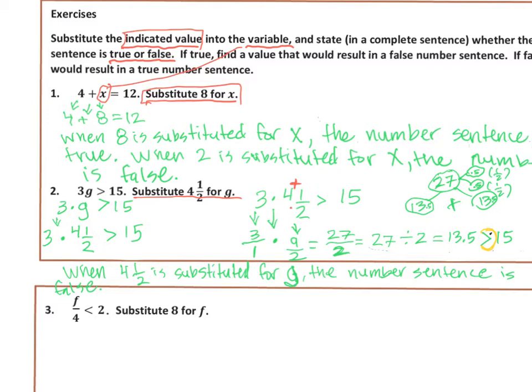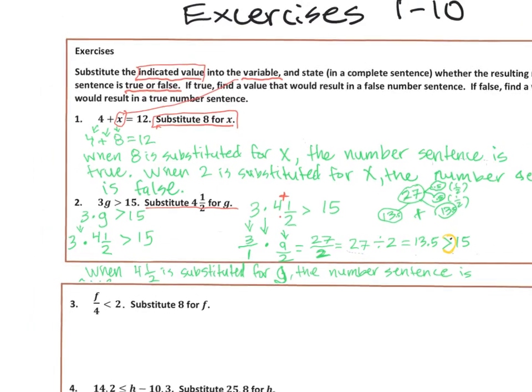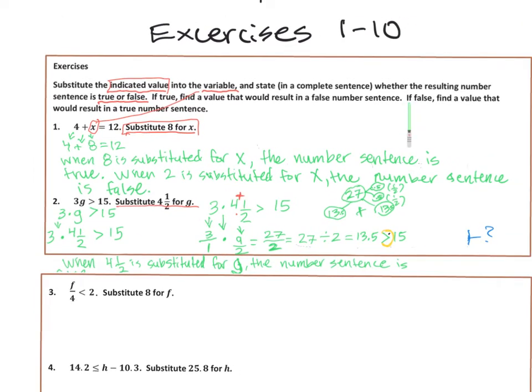Well, what could we plug into there to make the statement a true statement? Because again, we don't just go and say whether it's true or false. If it's false, we have to find a value that would result in a true number sentence. So it's not true now, but if it was 4 1/2, what would we need?